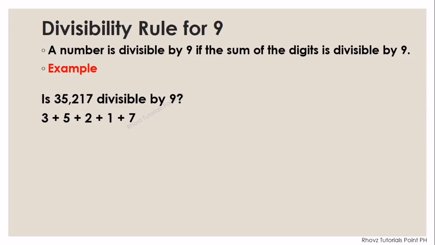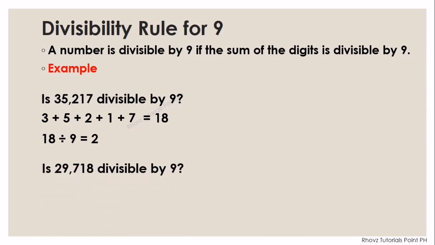Kapag yung sagot niya ay divisible by 9, ibig sabihin yung number na yun is divisible by 9. So, 3 plus 5 is 8, plus 2 is 10, plus 1, 11, plus 7, 18. So, is 18 divisible by 9? Yes, because 18 divided by 9 is 2. Therefore, 35,217 is divisible by 9.